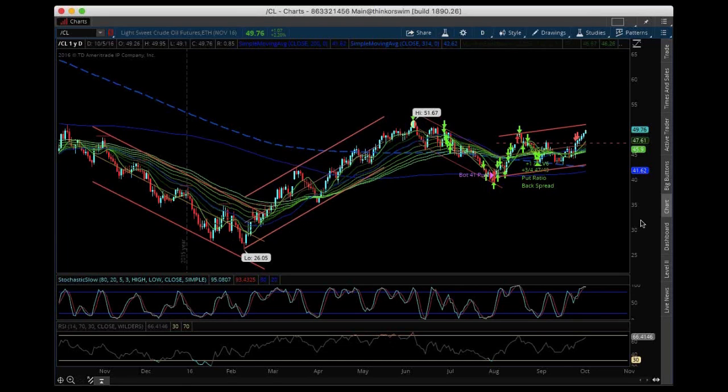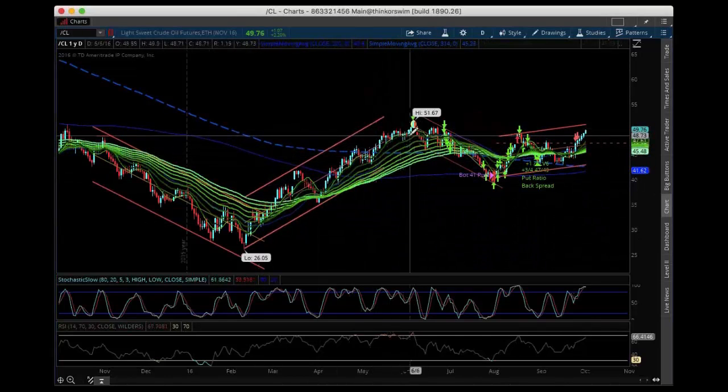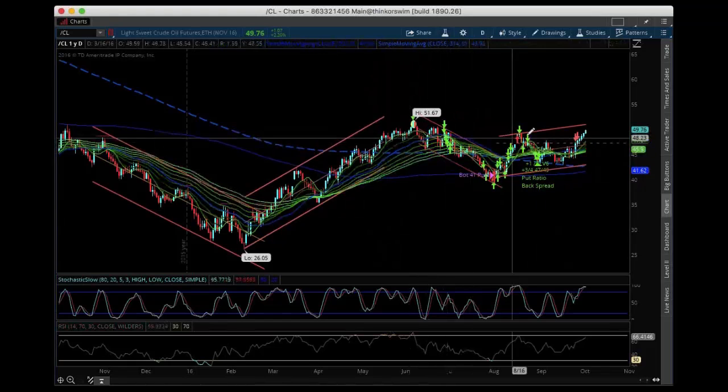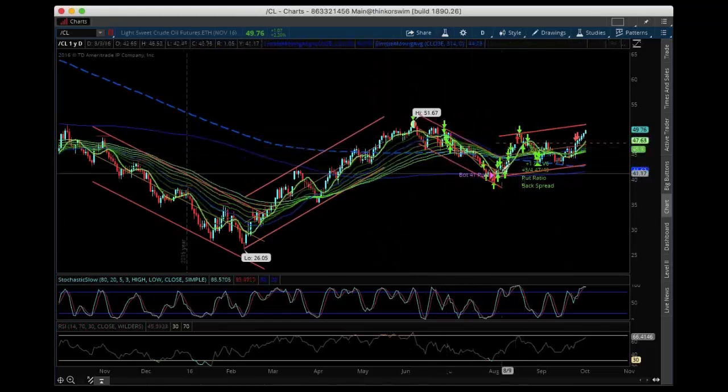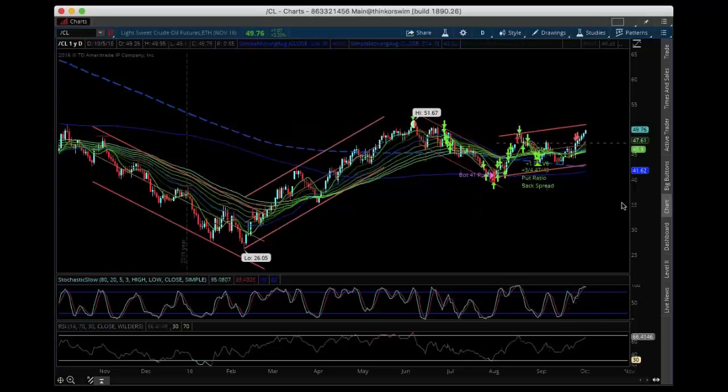Not sure, John, the question, how many bars? I just drag it over the trend. I just eyeball it, so you don't actually have to put in how many bars. Like here, you can just see that this is the range. It just comes with experience, I guess.